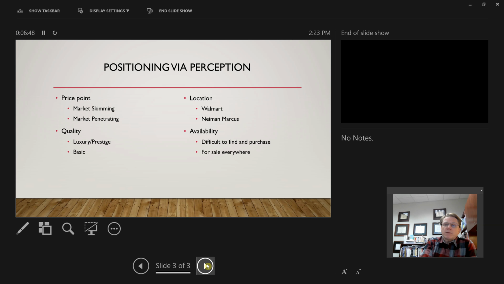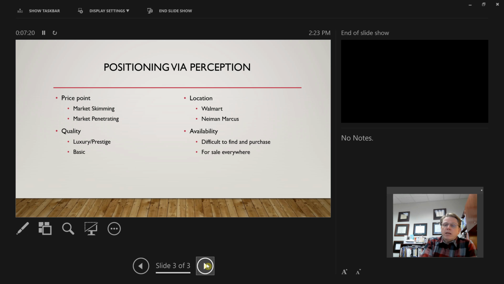And availability, is it difficult to find and purchase, or is it everywhere? There's even a commercial out right now on Reese's peanut butter cups that they're available virtually every place that business is done. Anywhere there's a retail store, you can find a Reese's peanut butter cup packaged purchase. Versus something that's very difficult to find. If you try to find a Philippe Petit watch, for example, it's extraordinarily difficult.